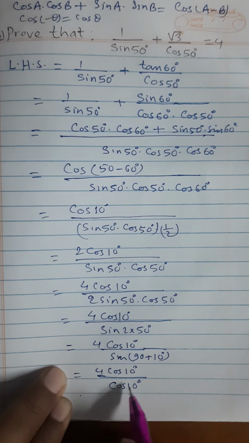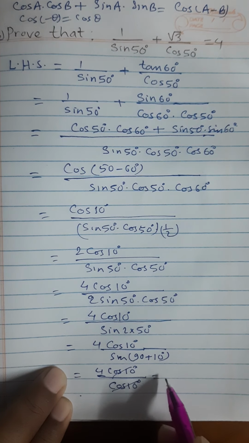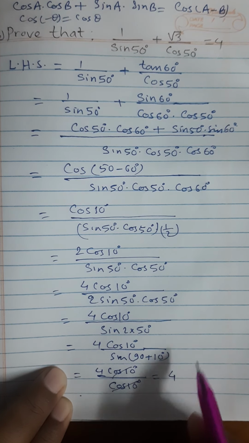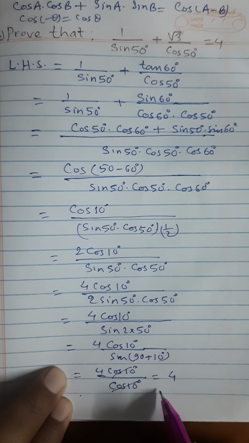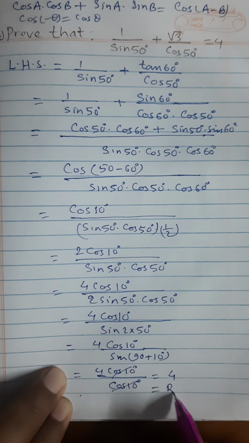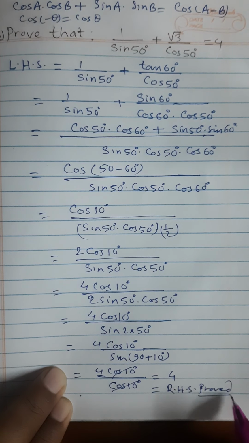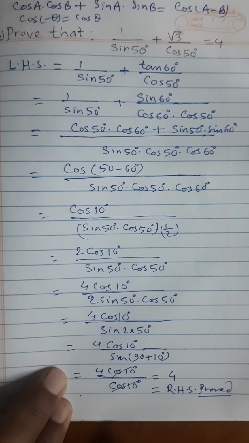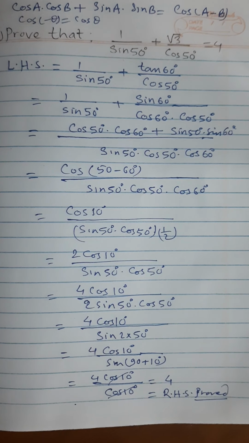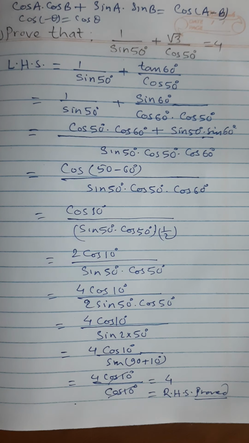And this can be cancelled, equals to 4, which is our RHS, right hand side. Proved. Okay, in this way this important problem of multiple angles we have proved.